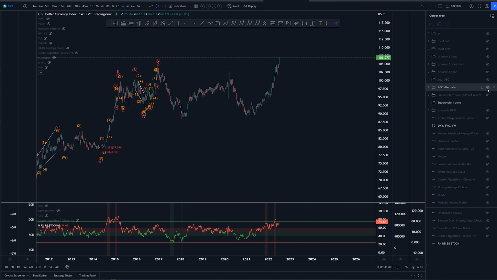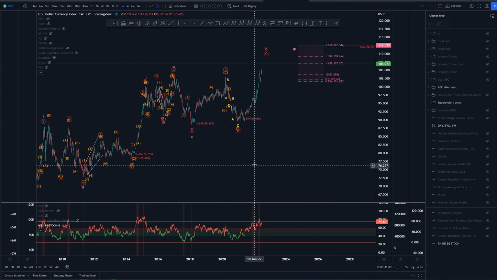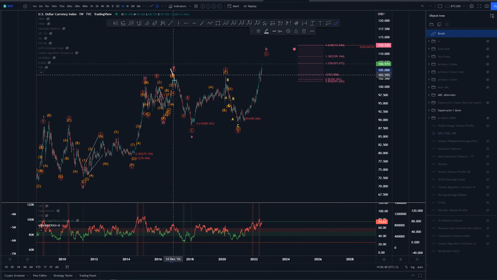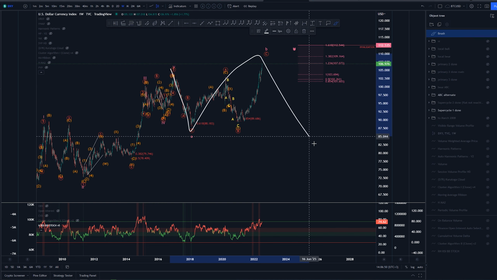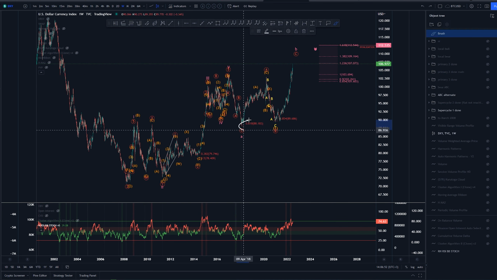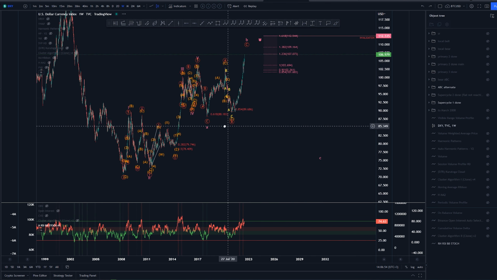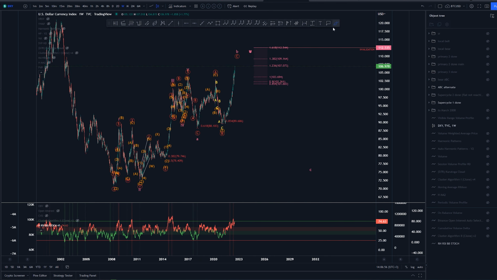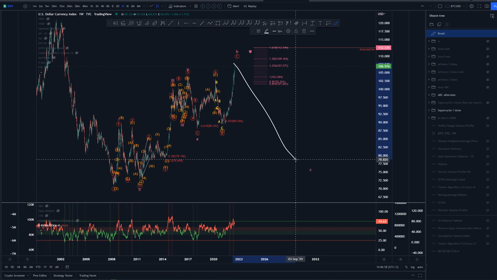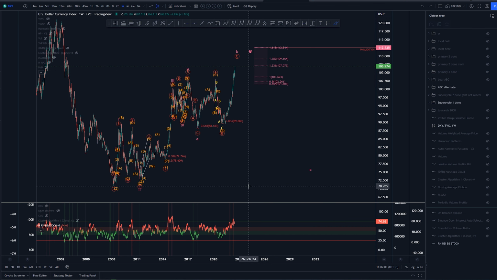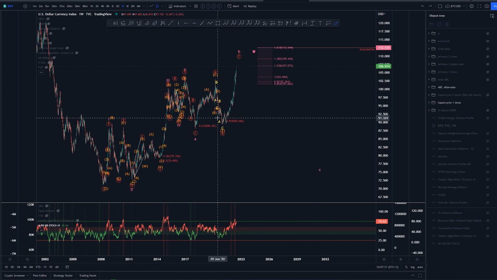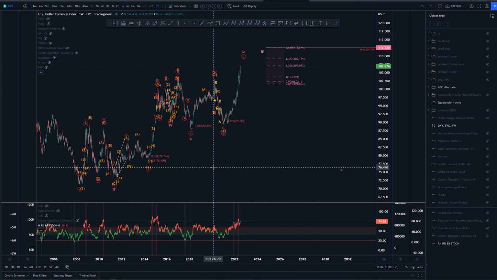So the other scenario is, of course, that we have not completed the wave 2 and instead we have an A, B and then C coming down to take out these lows of the A wave. Again, this would be a massive rally on stocks and indices and everything investment related. Of course, this massive upwards movement in the dollar is not that good for stocks in general.